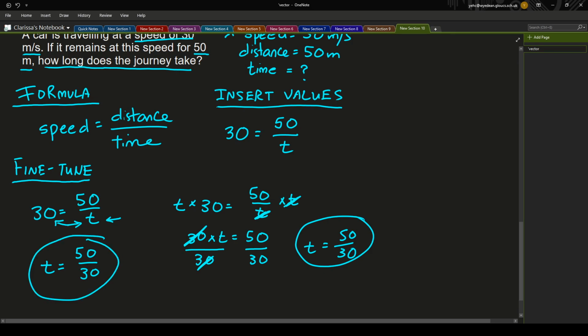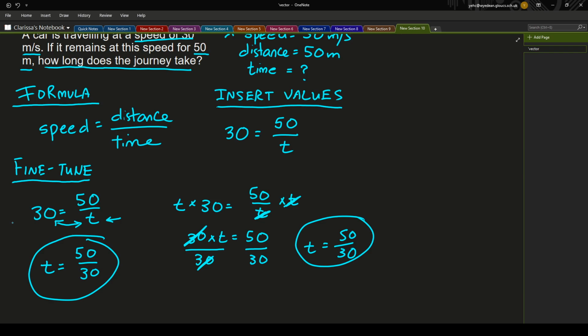Basically, this little swapping method is just saving you the time to do all of these steps, because this is just that with more steps. But it's up to you what you're more comfortable with. If you want to do it the long way, do it the long way. That's fine. But the key thing to remember is, when you start off rearranging for an unknown that is in a denominator, you have to bring it to the top first.